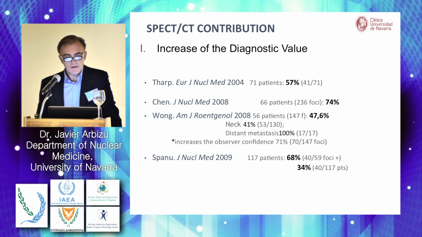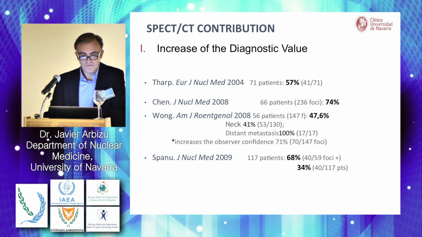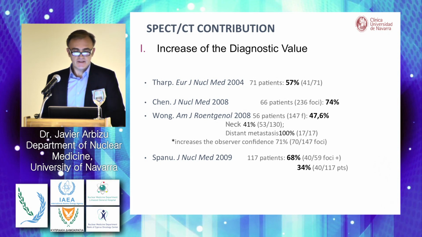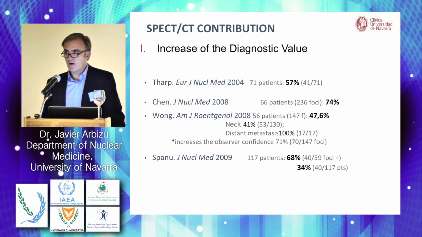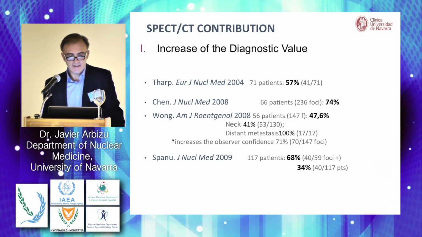And in this group, 47, most of the increase of the diagnostic value was in the distant metastasis more, in this case, than in the neck lymph nodes. Also important is the increase in observer confidence about the precise location of these hotspots in the whole body scans.